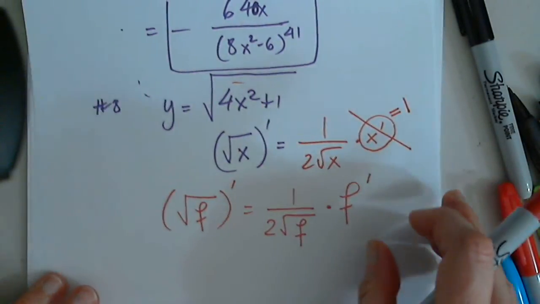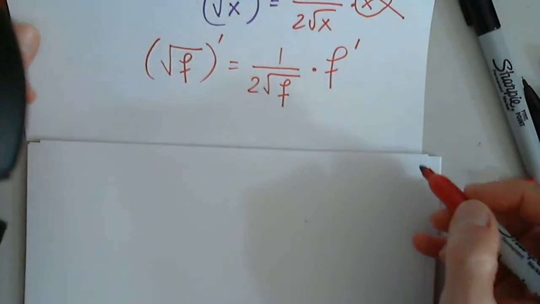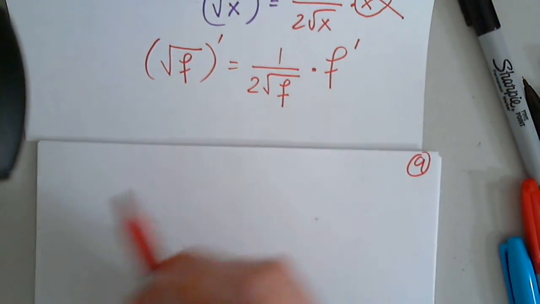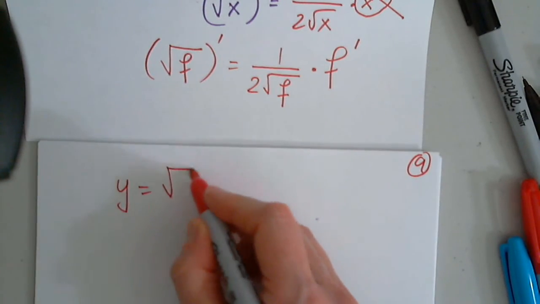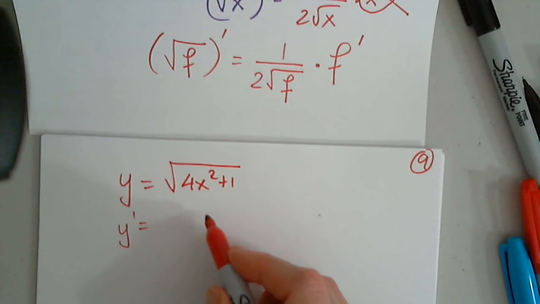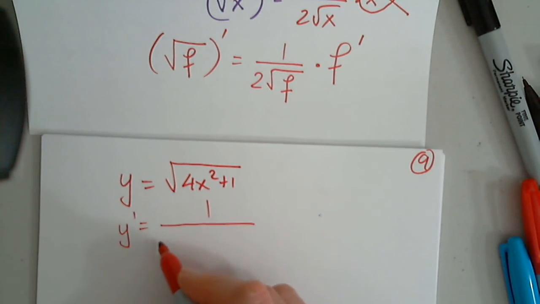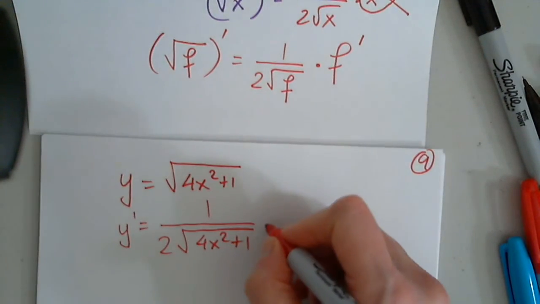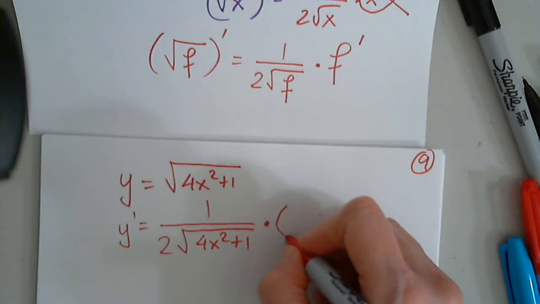So when I differentiate this, I will copy it here. Y equals the square root of 4x squared plus 1. I differentiate y prime. I do have exactly the same. But I cannot stop here because I need to differentiate the inner function.